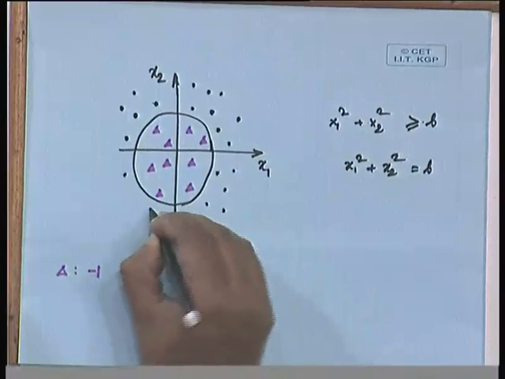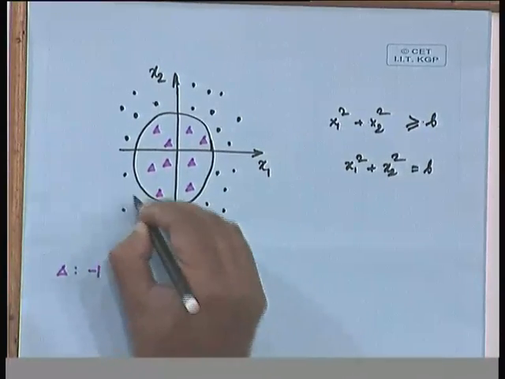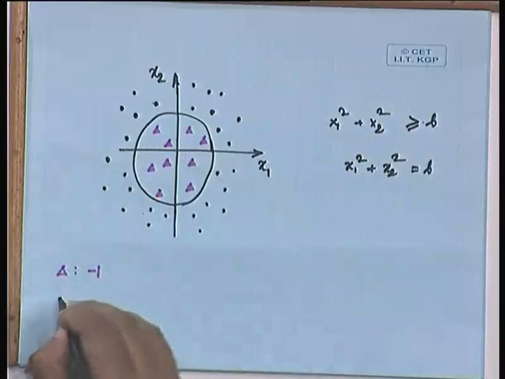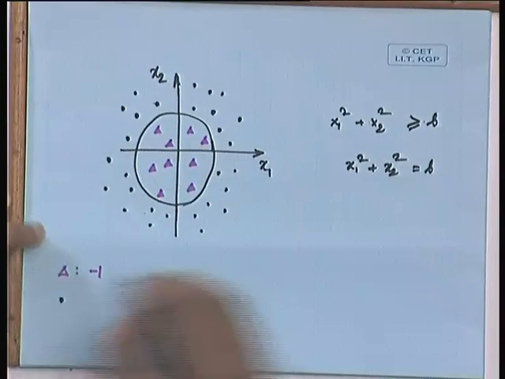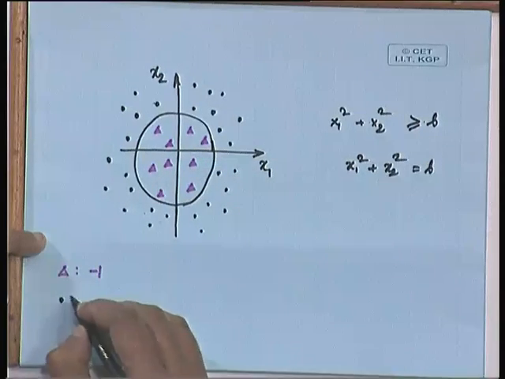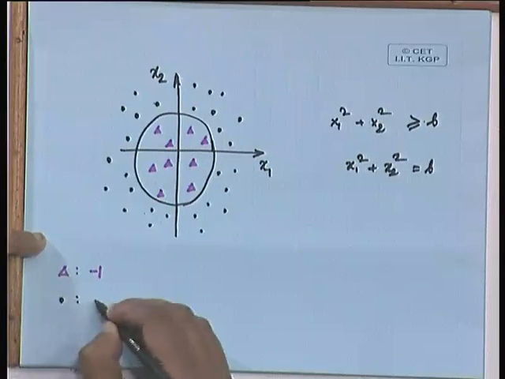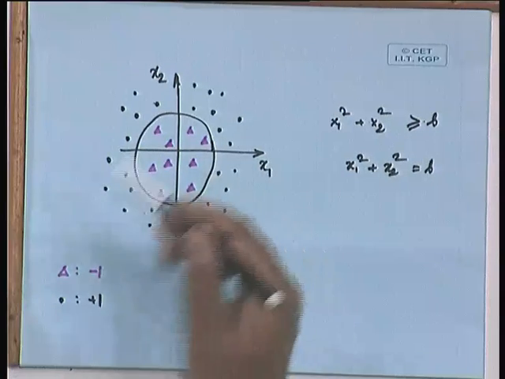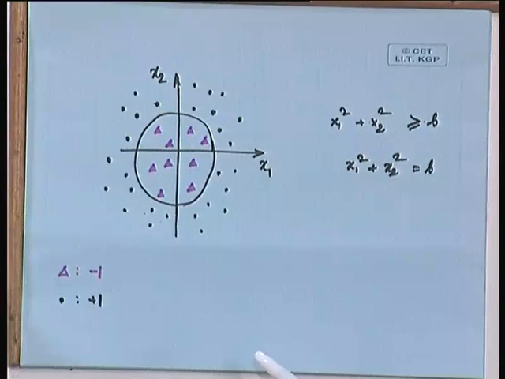If the set of patterns that we are feeding to the learning machine is like this, where all the delta patterns are -1 and all the filled circles indicate +1, then you can see from the diagram that a proper classification has happened.